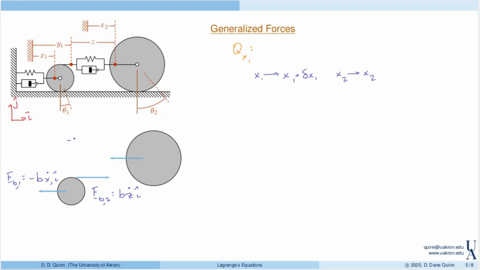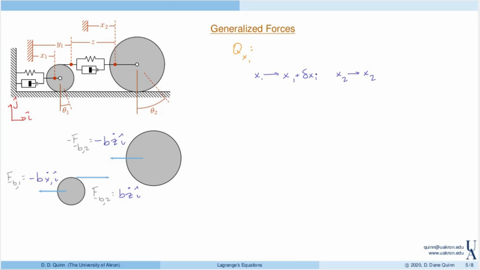So acting on the larger disk, that force is minus FB2, which is minus B z dot in the I direction. And so actually I'm going to gray these out because it's these quantities in blue that we're really interested in. So the force acting on the left disk, minus B x1 dot, and then plus B z dot, and minus B z dot in the I direction is acting on the larger disk.